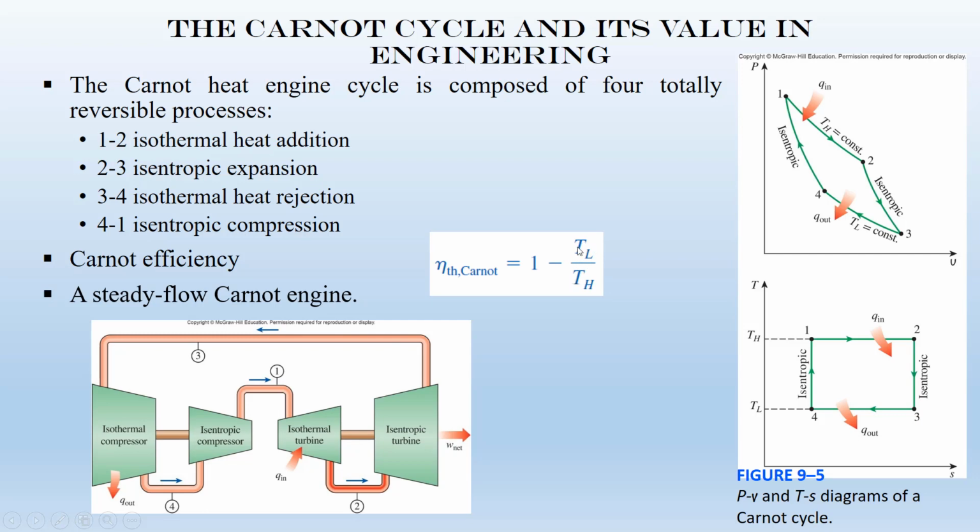Don't use centigrade, don't use Fahrenheit, to calculate the thermal efficiency of a Carnot cycle. You must use the absolute temperature. And this is the TS diagram for the Carnot heat engine.